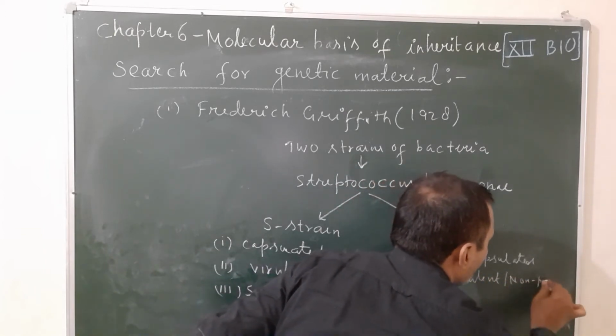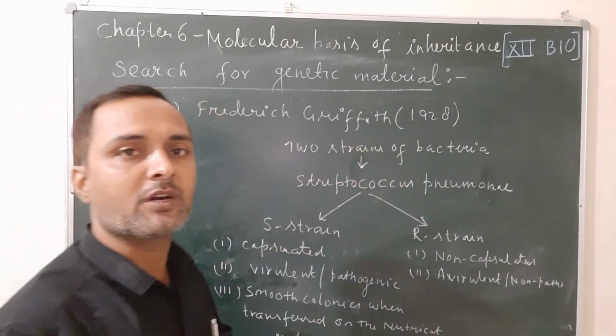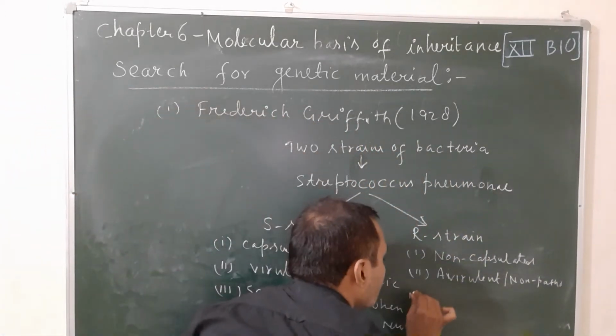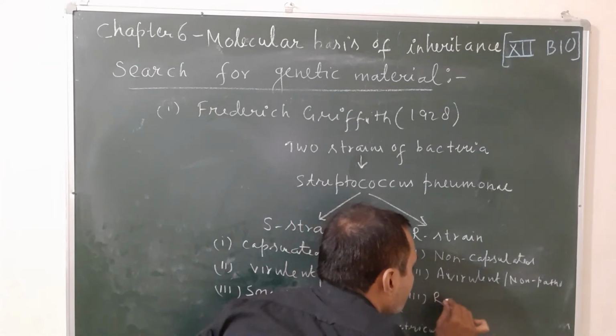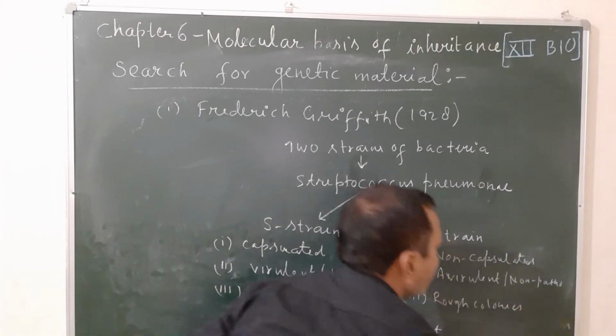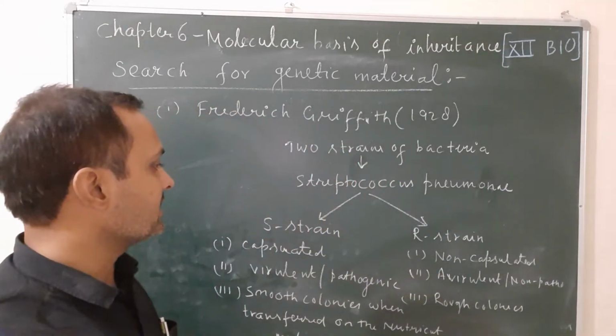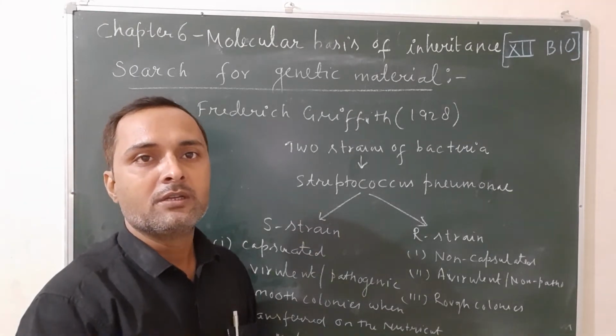That means they do not cause pneumonia when transferred into the mice body. And third, they produce rough colonies when transferred onto the nutrient medium. So these are the three properties found in the two strains at that time.